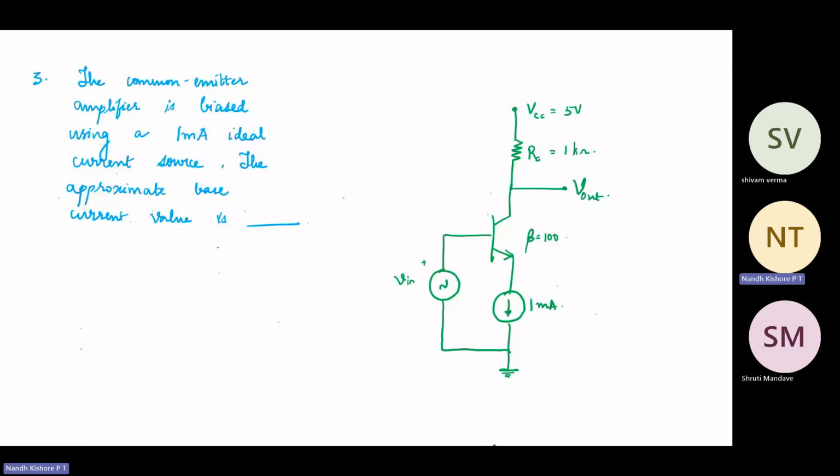Okay, so there is a circuit. The common emitter amplifier is biased using a 1 milliampere ideal current source, so the approximate base current value is dash. They have given beta is equal to 100.